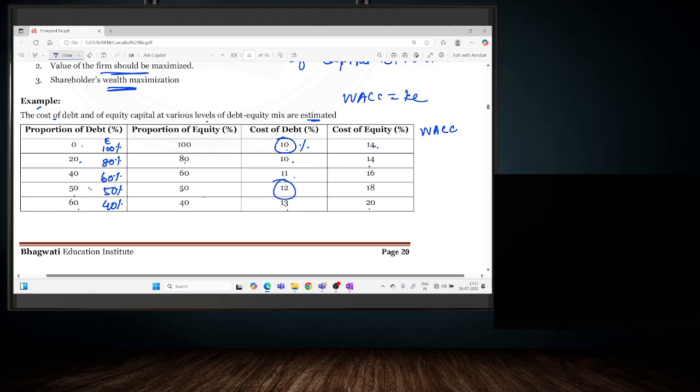So listen, what is the weighted average cost of capital in situation A? How much? Just 14% because there is no debt. Here, you do that, you have the weights, you have the costs calculated. WACC, scenario B, how much? 13.2. Next.